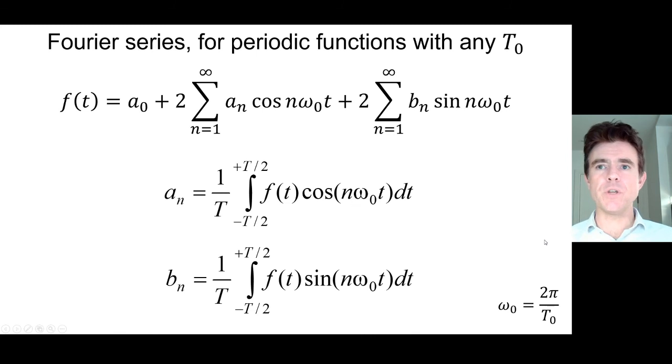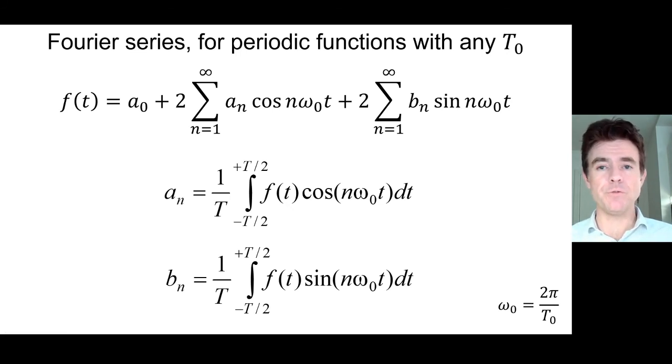And also to point out that this is valid whatever the period of our function f of t. So that's why we've got these omega naughts involved here, because otherwise we'd be limited to the case of requiring that the period of f of t be 2 pi. Which is a bit of a limited case, of course, and so these formulae are general.